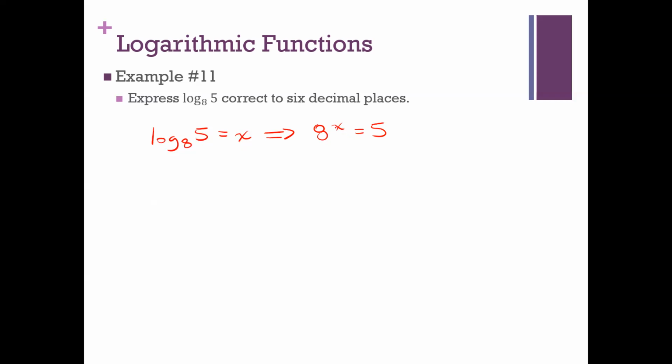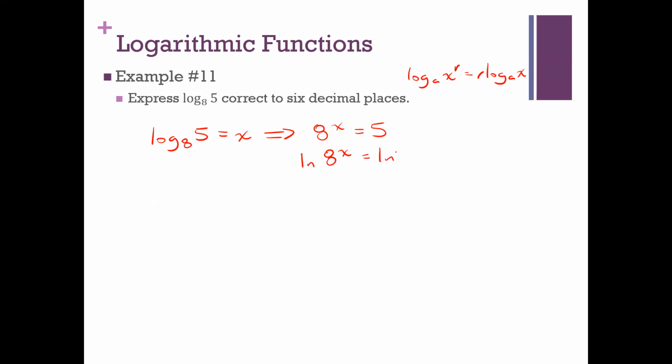So keep in mind this property of logarithms. Log base a of x to the r is equal to r times log base a of x. So if I want to re-express these exponents, logarithms allow me to do that. So I'm going to take the natural log of both sides.